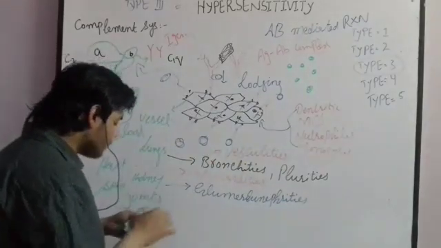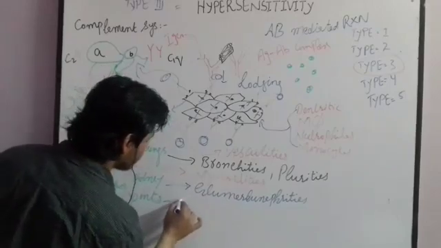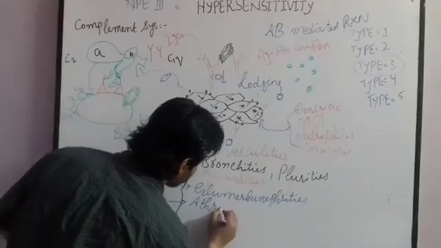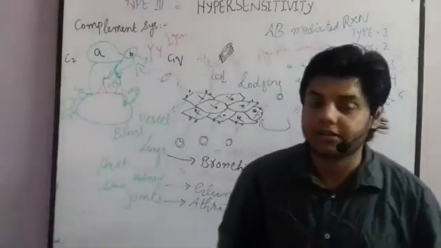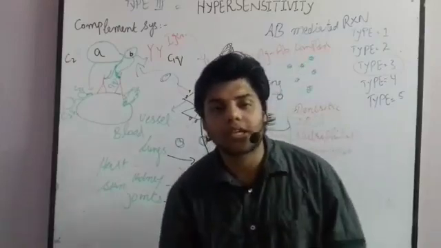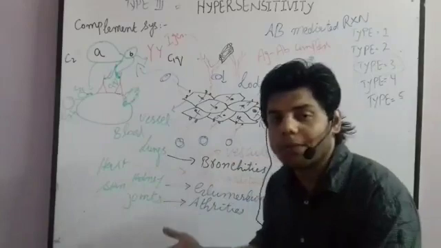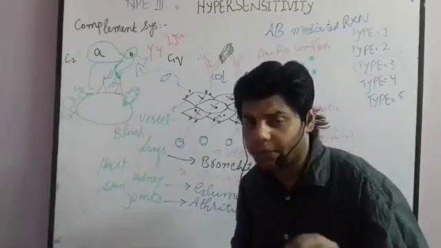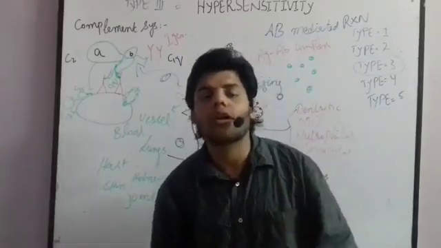If these are the epithelial tissues of the joints, they will cause inflammation of the joints, which we call arthritis. If these are the epithelial tissues of the skin, destroyed by such a phenomenon, by such complement system, by such macrophages, all these things happening in type 3 hypersensitivity, then we call that dermatitis. Inflammation of the skin we call dermatitis.